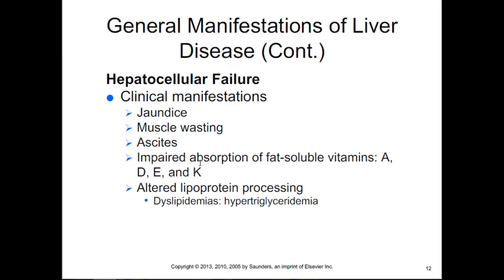Right, so again, hepatocellular failure, jaundice, muscle wasting, ascites, impairment of fat-soluble vitamins because the bile is inhibited, right, and altered lipoprotein processing. One of the other things that the liver does is that the liver is going to convert. Okay, so remember that when you absorb fats into your intestinal cells, we're going to store them as chylomicrons, and the chylomicrons are going to work their way to the liver, where the liver is then going to create two types.